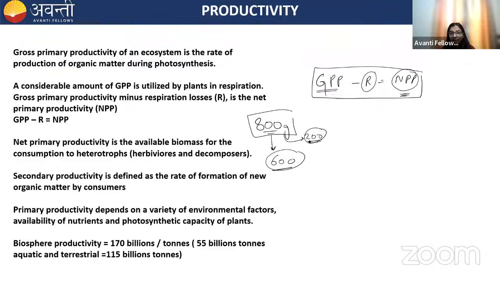So out of it, 200 is lost for the respiratory losses, and 600 is the biomass which is available for the consumer or for the heterotroph, the herbivore or the decomposer. So this is the net primary productivity. This 800 is the gross primary productivity. Gross means total. And 200 is a respiratory loss.